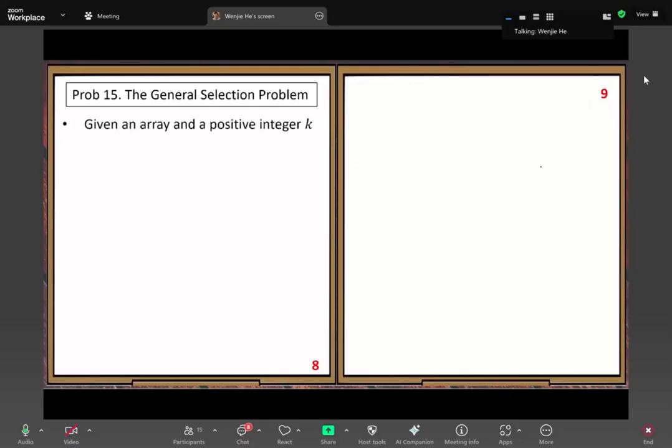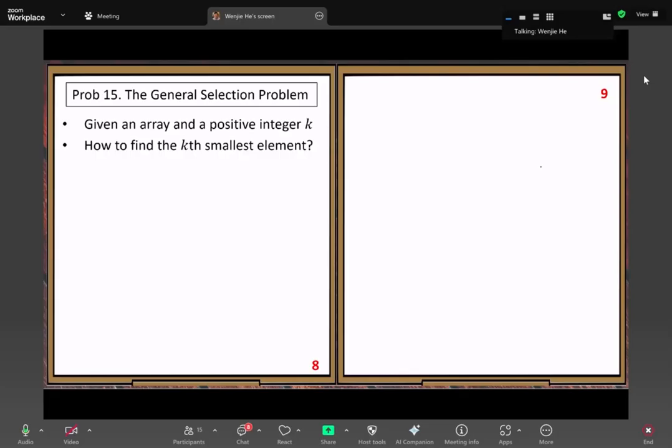The general selection problem: given an array and a positive integer k. Here this k represents the rank number. The question: how to find the kth smallest element? That's the general case. When k equals 1, it's the smallest element.